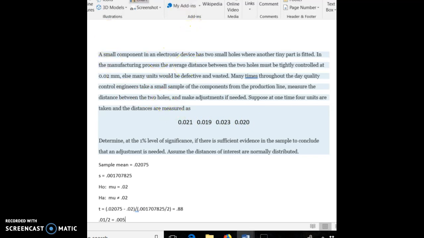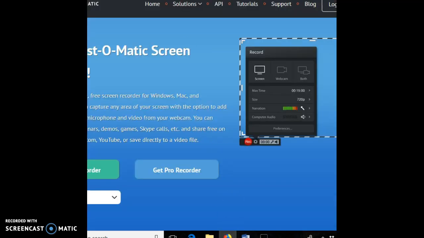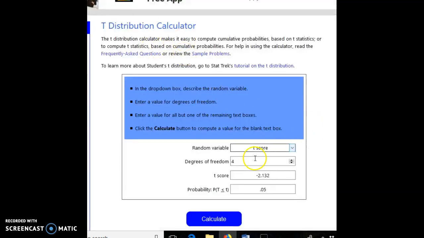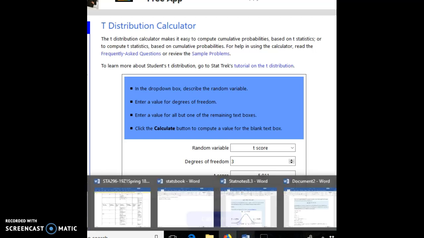All right, so I'm going to again use that little application from StatTrek. Degrees of freedom are now 3, and we want the probability to be 0.005. And I have to erase this, otherwise we can't get our score. So if we calculate, that score is negative 5.911.